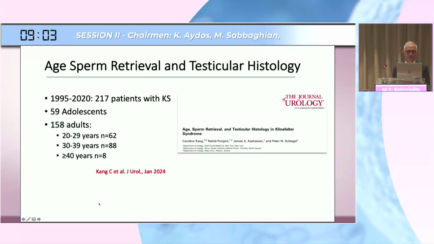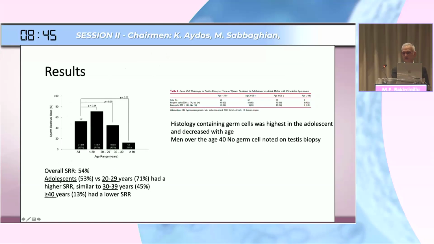They are between 20 to 29 years, 62 patients, and 30 to 39 years of age, 88 patients. And they have very few numbers after 40 years of age. And they looked at the sperm retrieval rates.